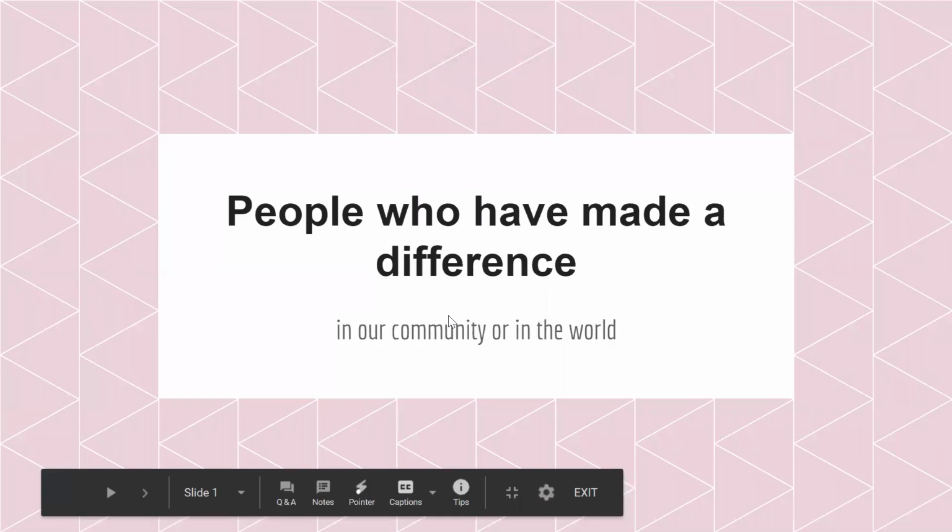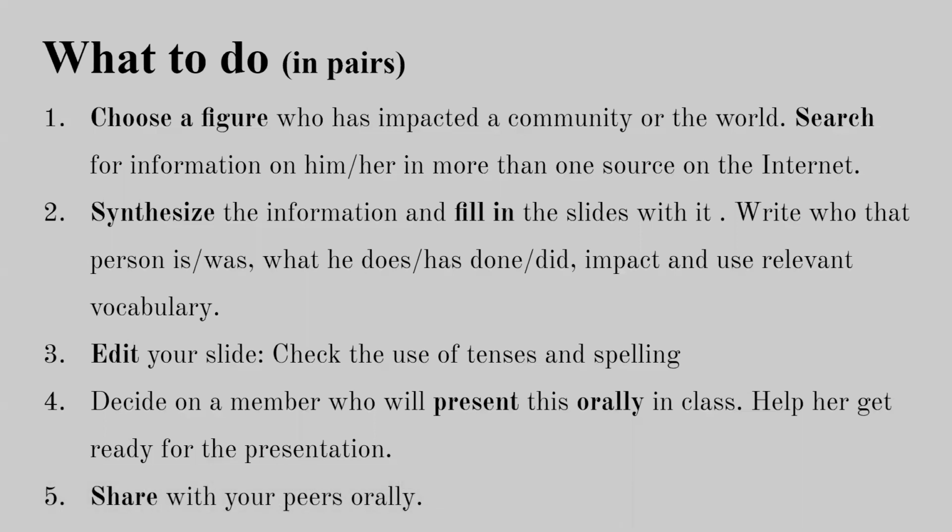Now, instructions should be given orally, and they should also be accessible to them at any time. Before sending them out to the breakout rooms, you show this slide to them, you explain the instructions, and then you share the link to the Google Slides presentation with them.